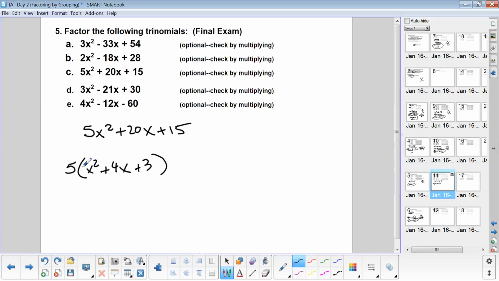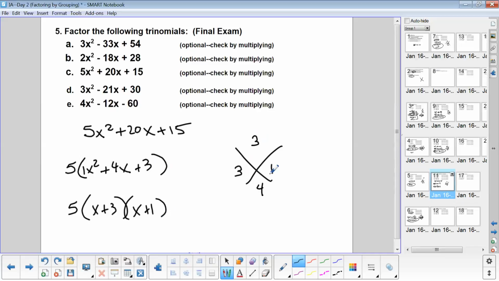And a is 1, so I'm looking at what are 2 numbers that multiply to give me 3. 1 times 3 is 3. And add to give me 4. Factors of 3 would be 3 and 1. So I've got 5 times x plus 3 coming from here, and x plus 1 coming from here, and there's my factored form.